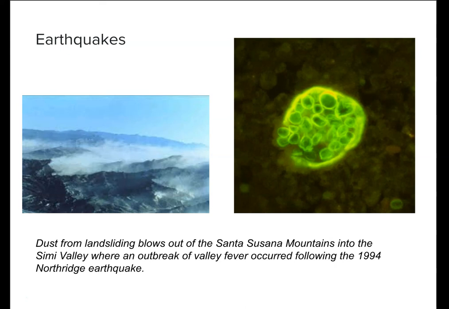But what they found was in the Simi Valley, which was just downwind from these mountains, that the cases of valley fever actually went up something like 16 times higher than normal in the weeks and months following the earthquake. It actually led to quite a few more deaths than normal. So probably 20 people, I think is the number I saw, died because of valley fever as a result of the Northridge earthquake.